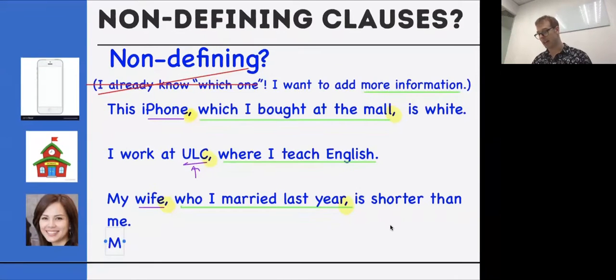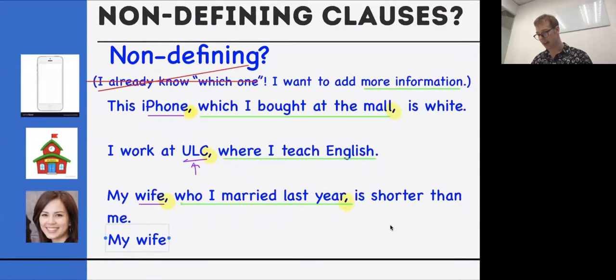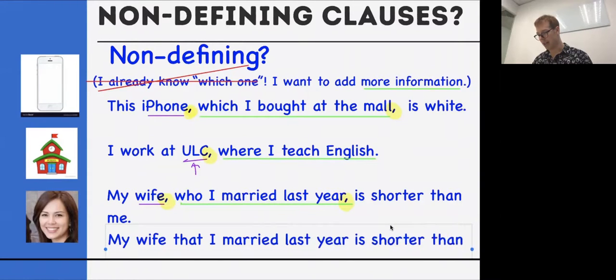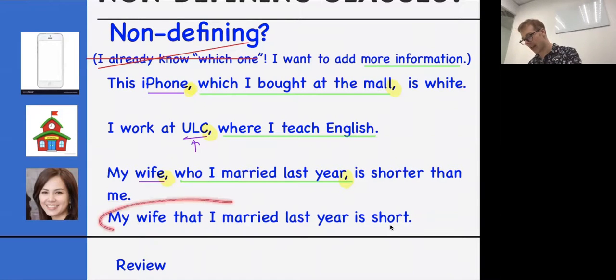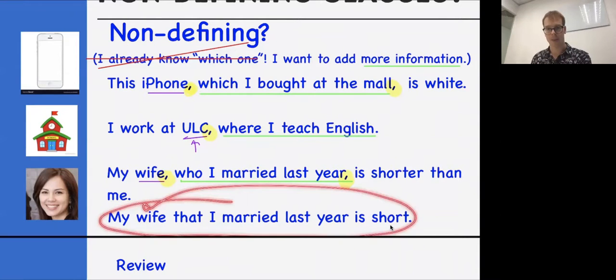If I do this, if I say my wife, right, that I married last year is shorter than me, right? Shorter than me. If I do this one, I will be in a lot of trouble. Do you know why? Because if I say my wife that I married last year, this means I have to tell you which wife.